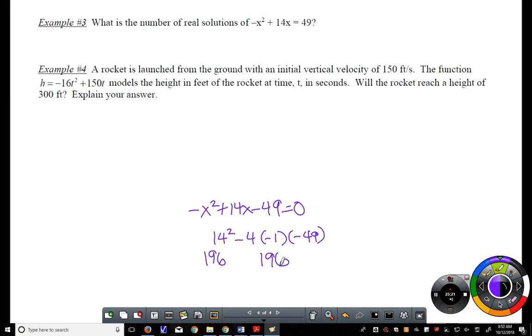And a negative times a negative times a negative is negative. So my discriminant is 0. So interpret that for me. Good. One real, and we can even get more specific. It's real and rational. If you can say it's real, you can either divide it up into being rational or irrational. Okay? So this is one real rational solution.